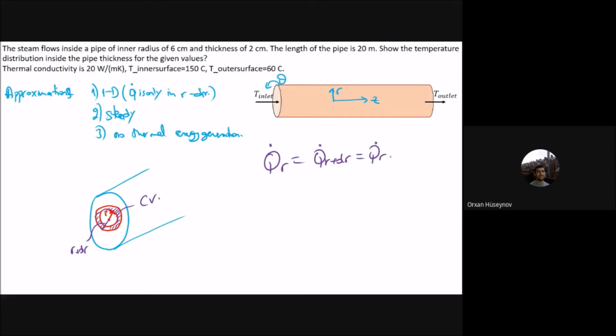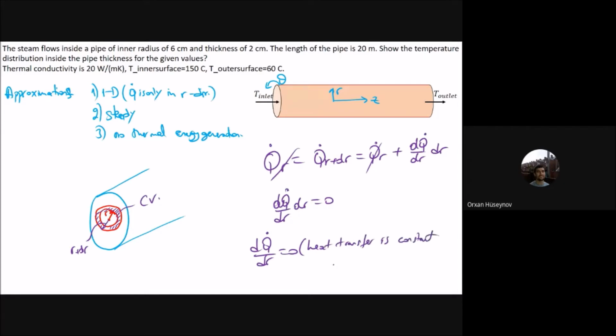It will be Q dot at r plus del Q dot by del r multiplied by dr. From this, the Q dot at r cancels out, and del Q dot by dr times dr will be equal to 0. So dQ dot by dr will be equal to 0. That means heat transfer doesn't change in the r direction, so heat transfer is constant in the r direction.